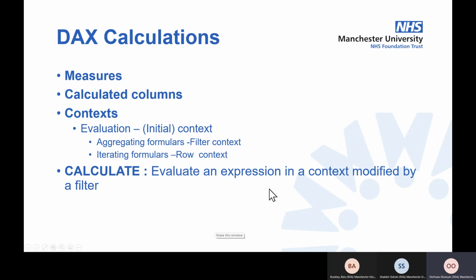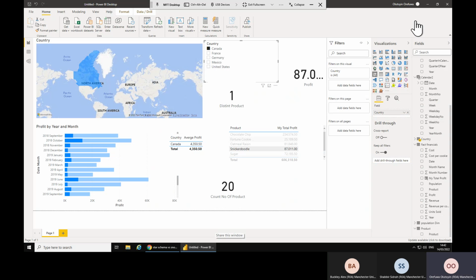Right. So with DAX, we talk about context. We talk about how calculations are generated, right? With DAX, we have what we call a filter context and row context, right? If you're looking at a visual, for example, there's what you call the general context, which is the evaluation context.